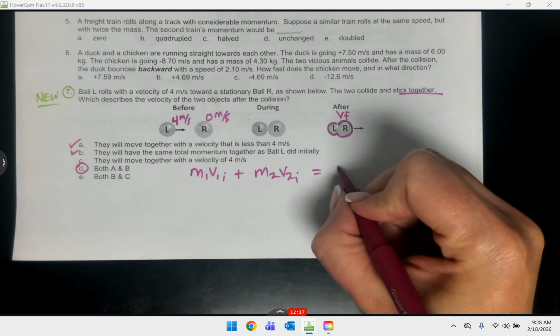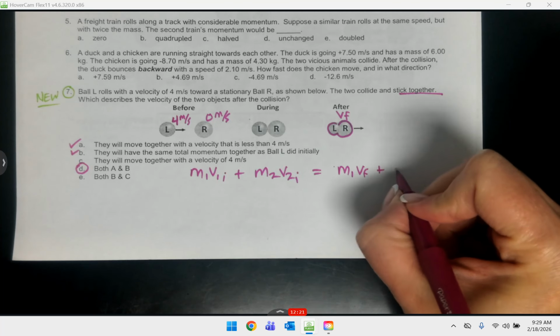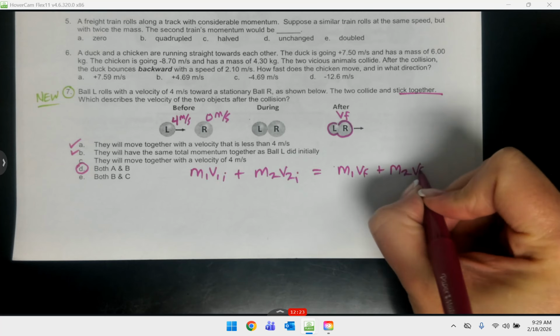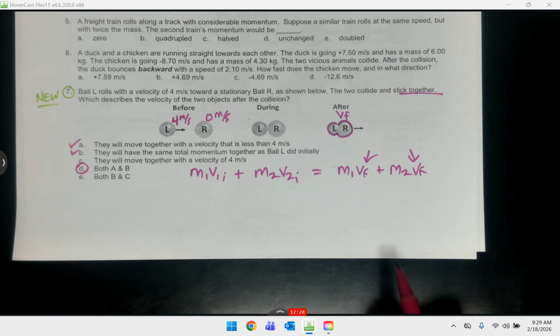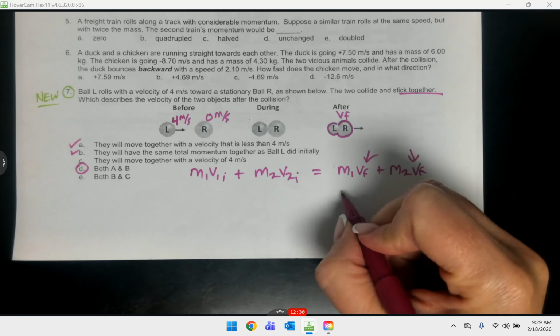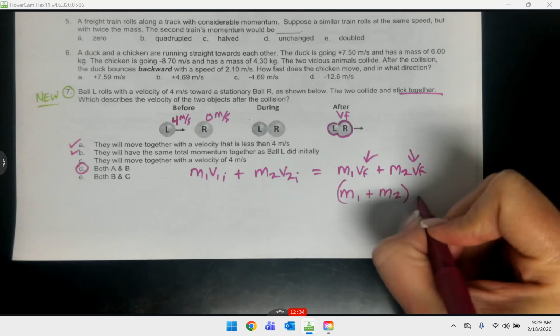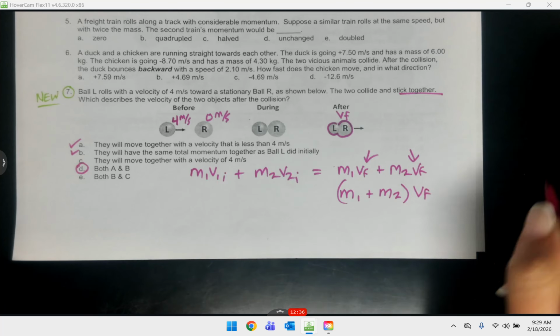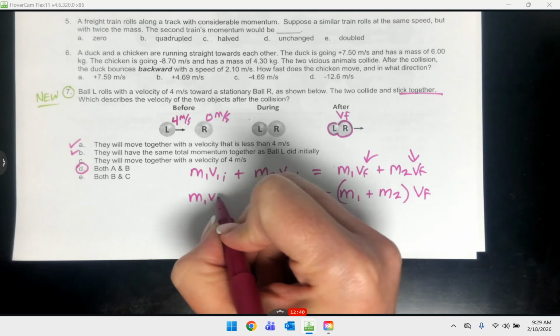Okay, and so you would still have M1 times VF plus M2 times VF, but because these are both VF, these are like terms, and so you could factor it out, and sometimes you'll see it written this way, M1 plus M2 times VF, and it would still be equal to this. So this is kind of a shortcut for stick together.